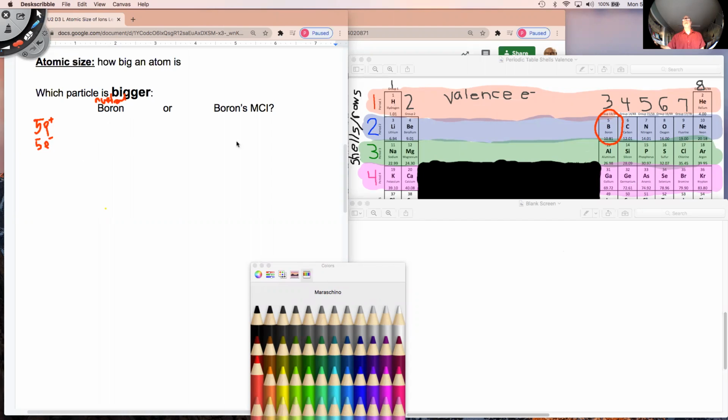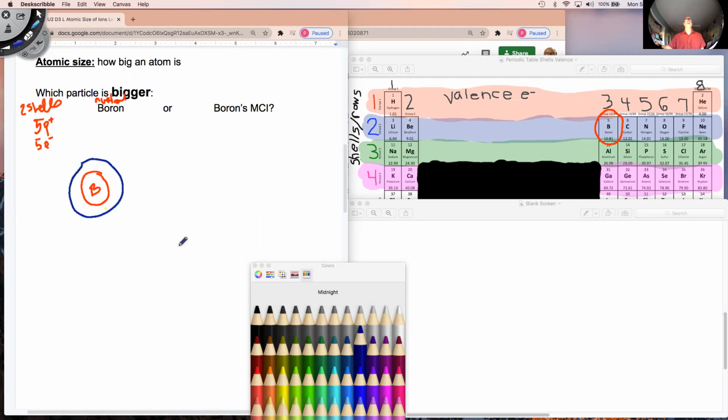And you can see that we have 2 shells. So we're going to have 2 shells for this boron atom. Let's draw the shell model since it's a small atom. So we'll put boron here. There's boron. There's the first shell. Here's the second shell.